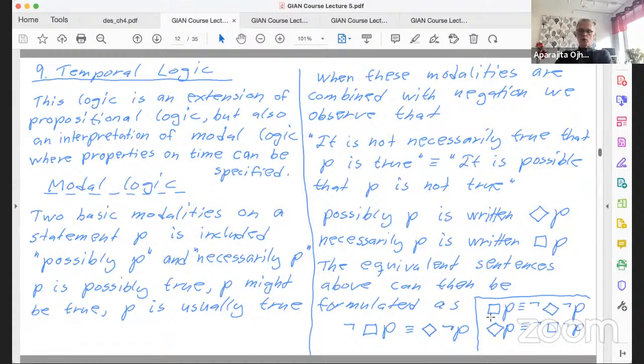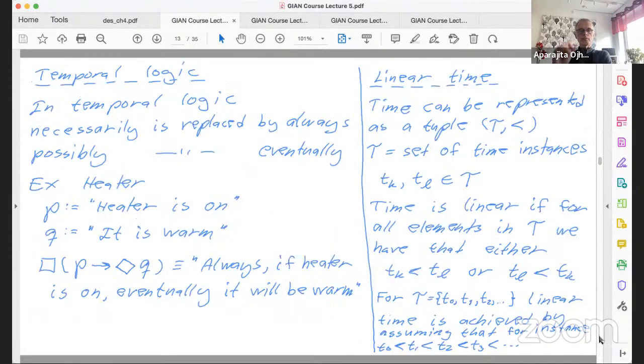And that means that you can also define necessarily P as not possibly not P, and possibly P can also be expressed as not necessarily not P, which is the same as to say that P is possible.